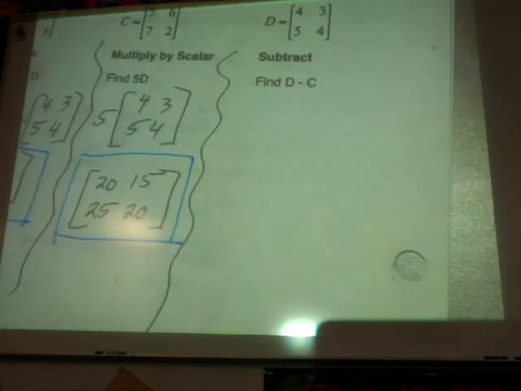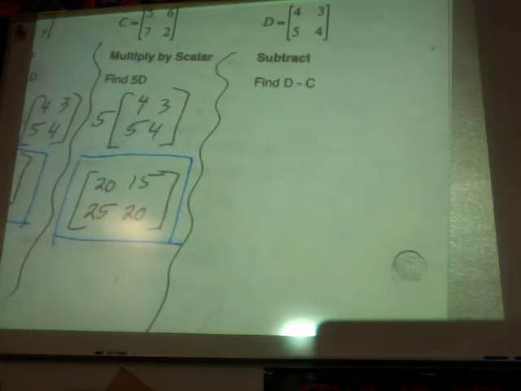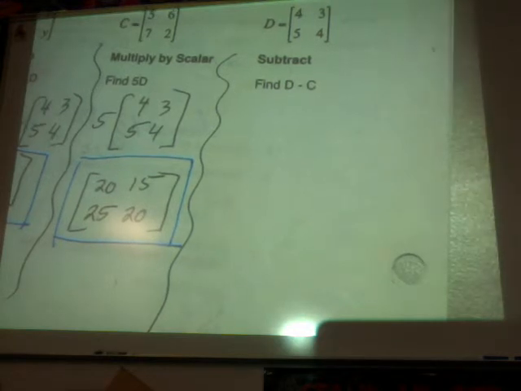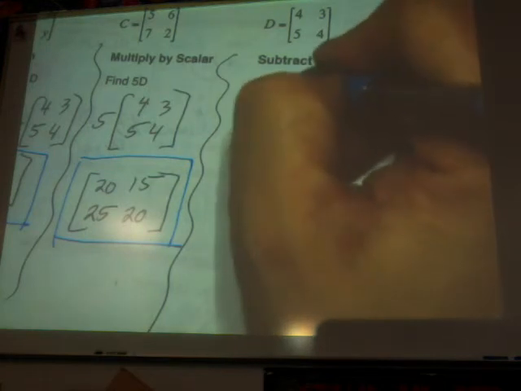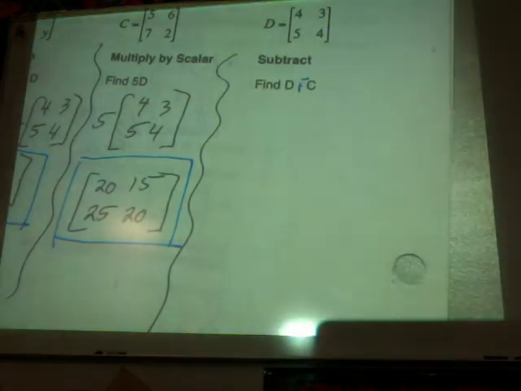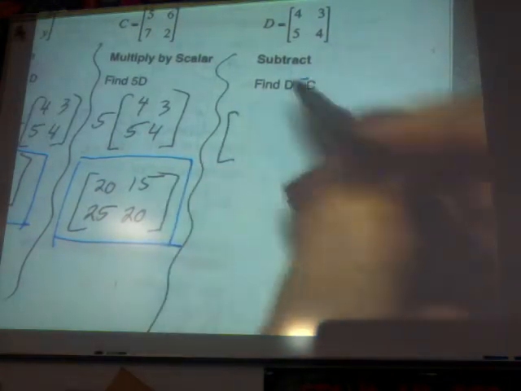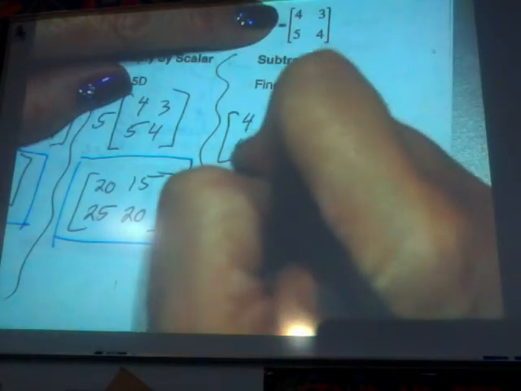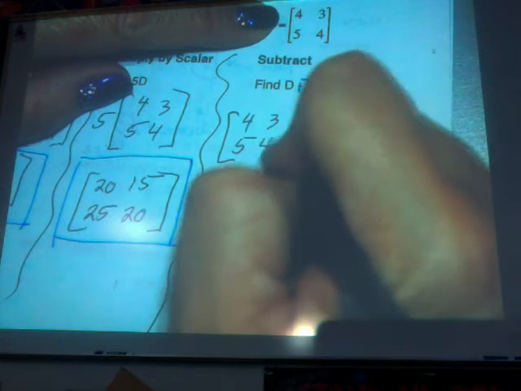You do have to be careful with subtraction. If I'm taking D minus C, which they're both the same order, 2 by 2, so I can do the subtraction, I would really rather take D plus a negative C, wouldn't you? I'm going to multiply every element in C by -1. I'm going to just change their signs. So if I were you, I would take D, which is 4, 5, less in your head, more on paper, kill a tree. You're less likely to make an error.